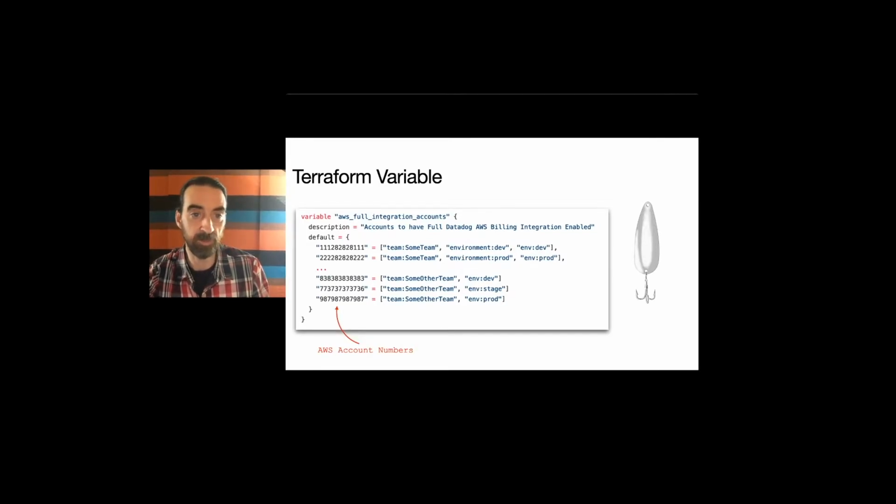These are the account numbers on the left-hand side here, and on the right, these are the host tags that I mentioned. This makes it so that all the metrics that get gathered by the AWS integration component get tagged with these tags. And we ask that our teams use a team tag and an environment tag. A lot of them have one AWS account per environment, so that makes it easy. It helps a lot for bigger dashboards and higher levels of visibility.